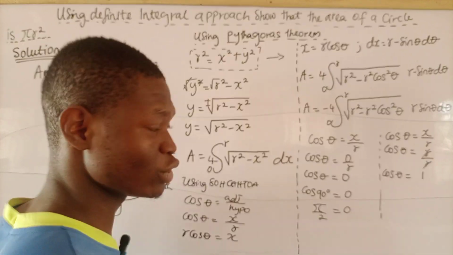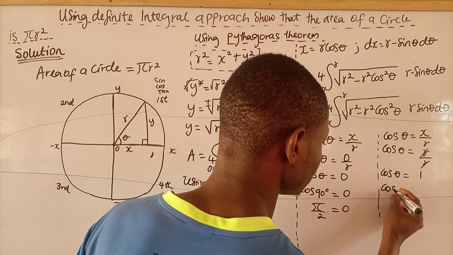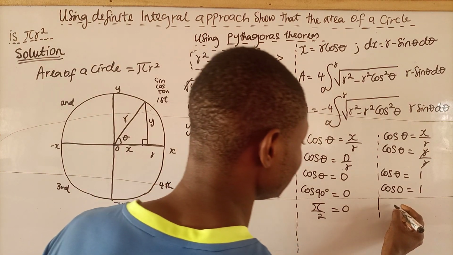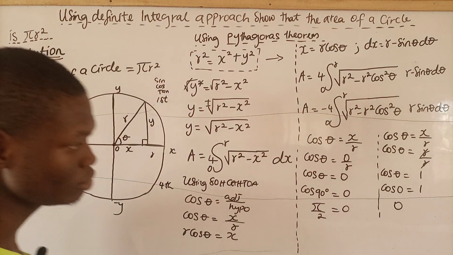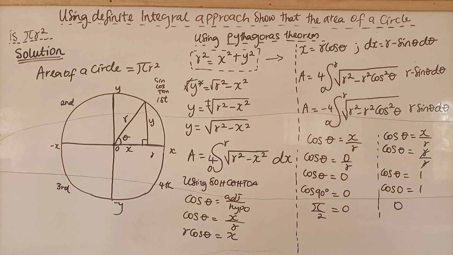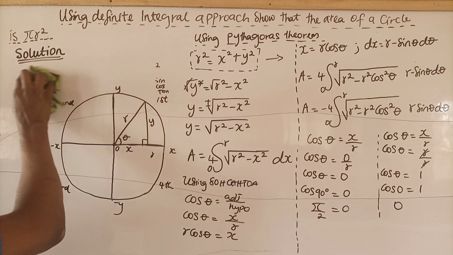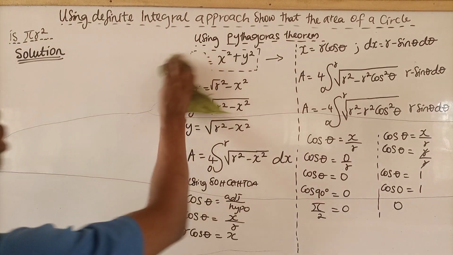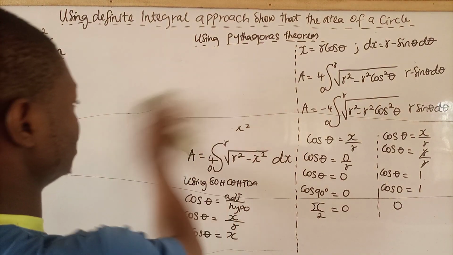So what cos will give us 1? Cos 0 is equal to 1. So our limit is now 0. So we are going to rewrite it here. Let me clean this side. We are going to rewrite it.